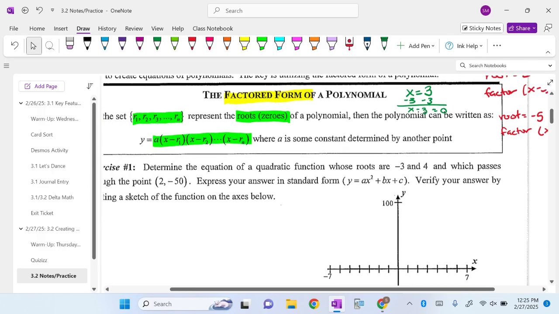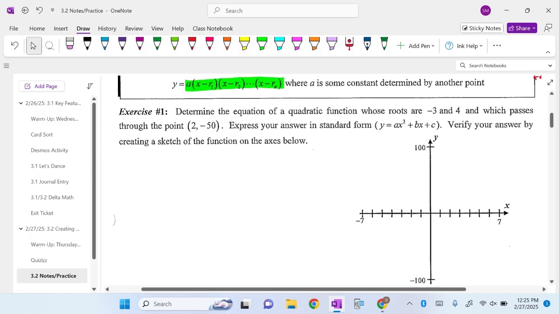Now, writing functions is based off of a couple of things. It's based off of the degree of the function. Who remembers what degree means? We talked about this yesterday. Maddie. So when you add the exponents, but it's typically in standard form, what's typically the degree?